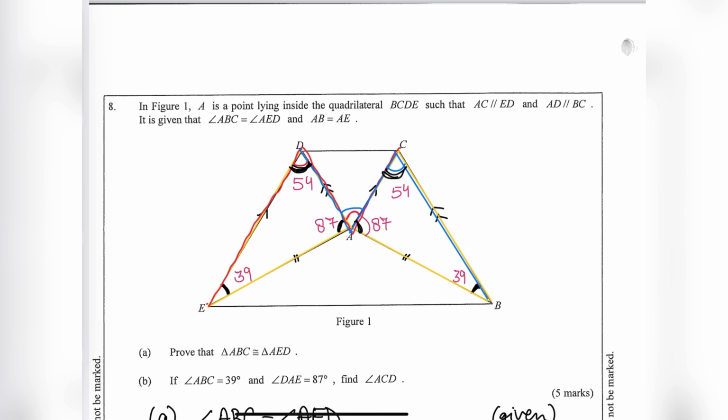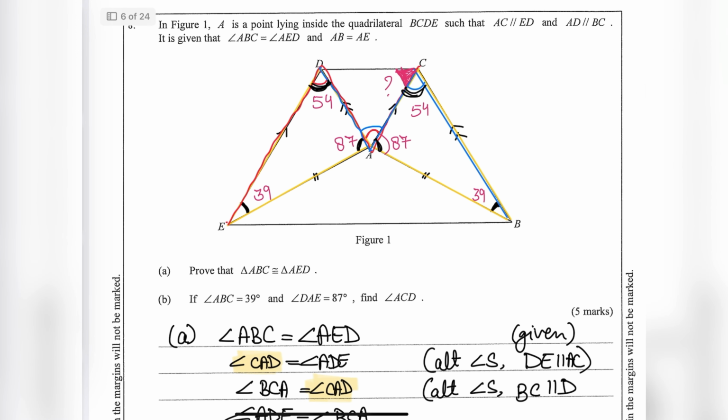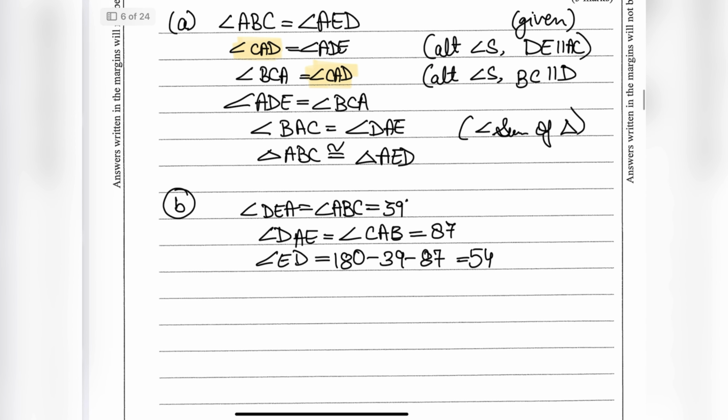We have to find ACD, which means our motive is to find this angle. As both triangles are congruent, their sides are equal to each other. So the side AC will be equal to AD.